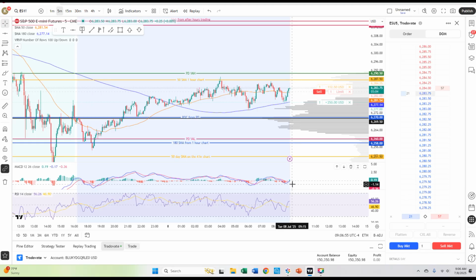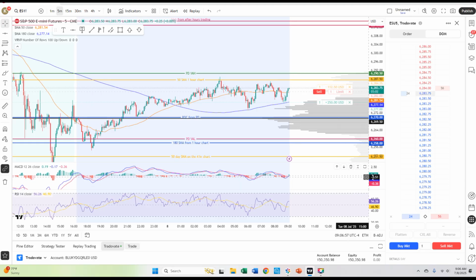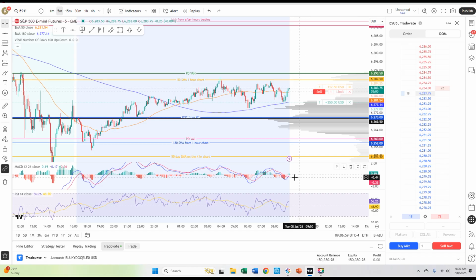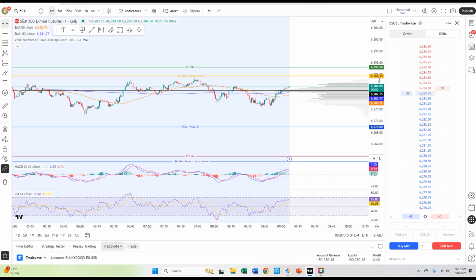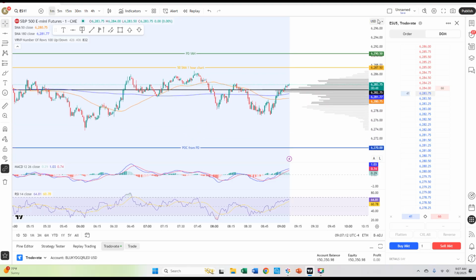And on the 5-minute chart, we can see that we're below the average and heading up now. It's just now crossed and is going up. So I think I'm going to go ahead and just cancel this because I'm not sure that that's the best move right now. We might be heading up for the day.